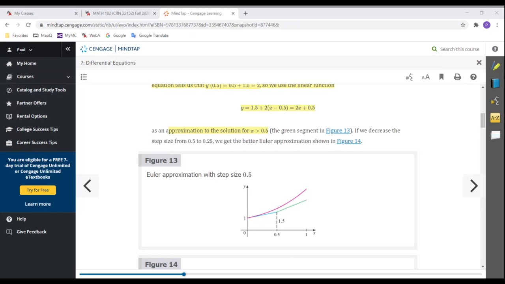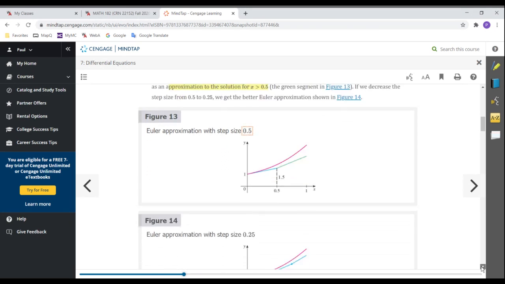You'll have the slope is 2, and you have the coordinate 0.5, 1.5 as a point on the next line segment. And so you can get the equation of the next line segment and draw it. And you can continue with this process.